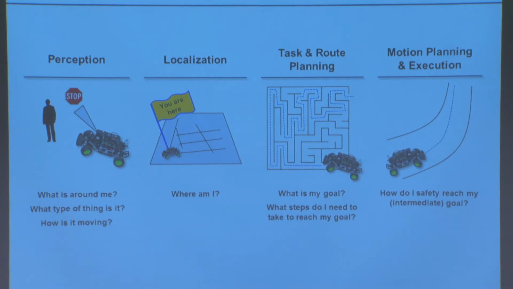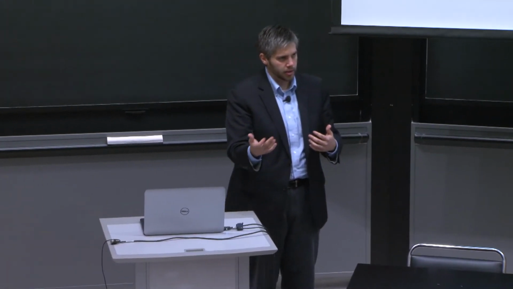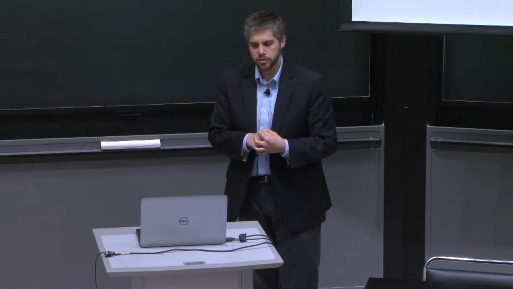Do I need to take a left on this road or a right on that road? Sometimes task planning can be a higher level goal. Instead of how do I get to the bakery, how do I prepare for my son's birthday party? One step is going to the bakery and getting a cake. Another step might be going to the party store and getting some balloons.